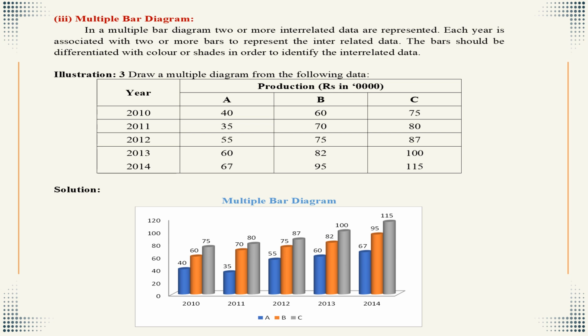To explain it, an illustration has been given, that is year and production of different products A, B, C for different years. That is well represented. In 2010, 3 bars are there, and each bar represents a particular product: one is A, another one is B, and another one is C.